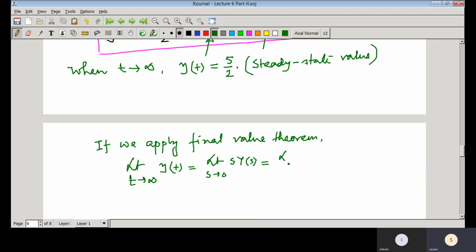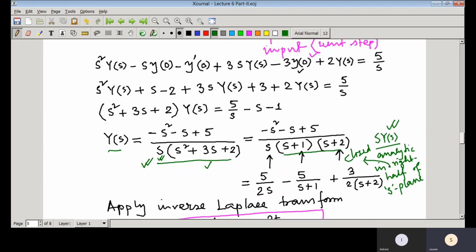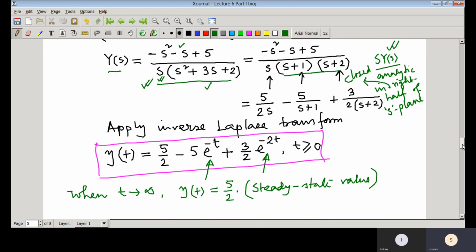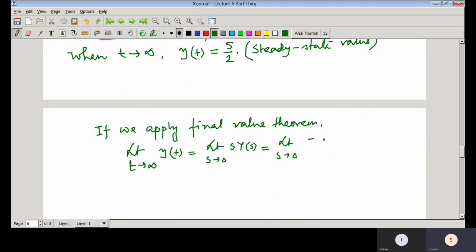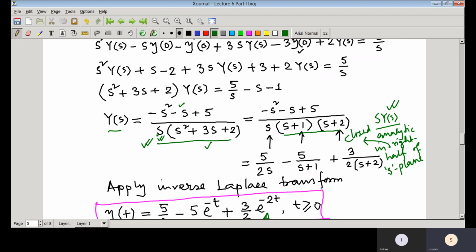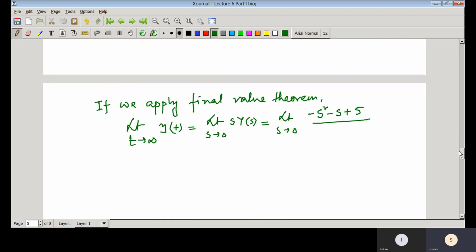So what is sY(s)? You can see that sY(s) equals minus s square minus s plus 5, divided by (s plus 1) into (s plus 2), where s has been cancelled out.